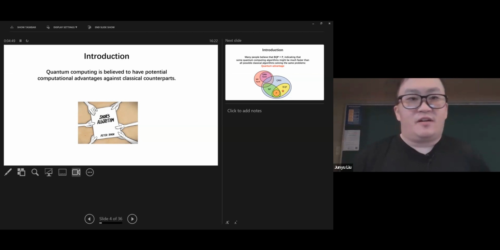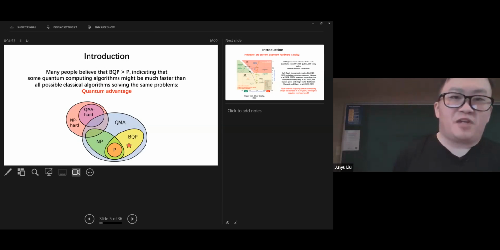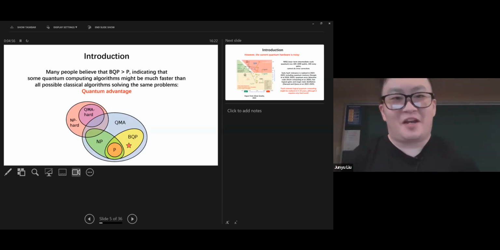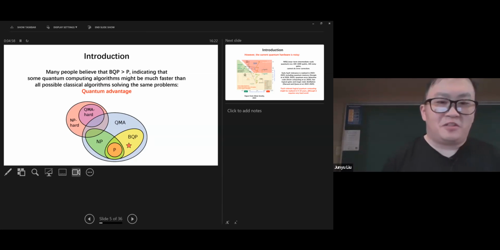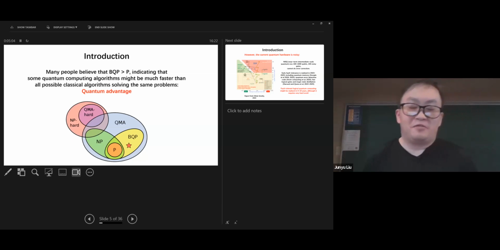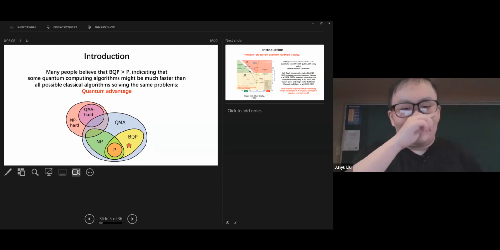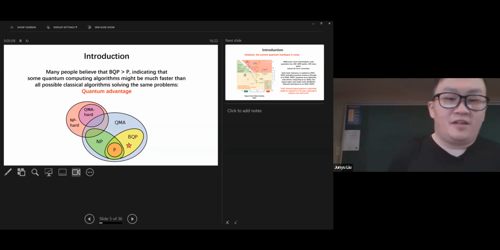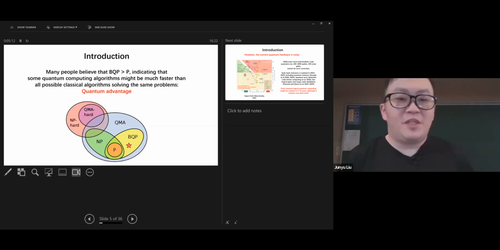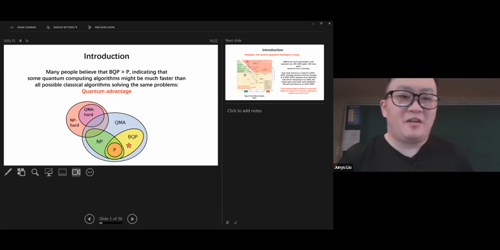However, to illustrate it more precisely, we can try to draw a Venn diagram of complexity classes, similar to P and NP. We could have lots of complexity class definitions. In complexity theory, the analog of P is called BQP, and the analog of NP is called QMA.